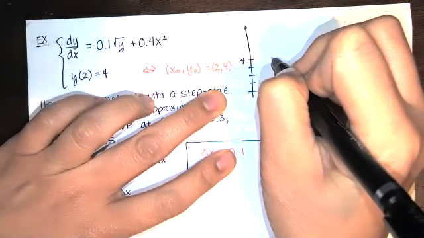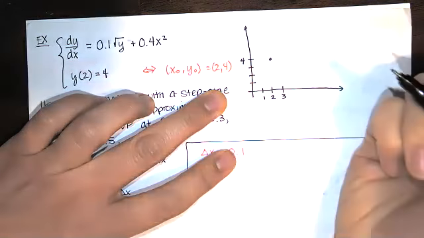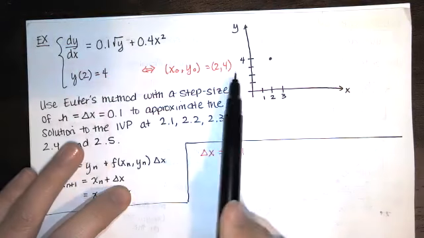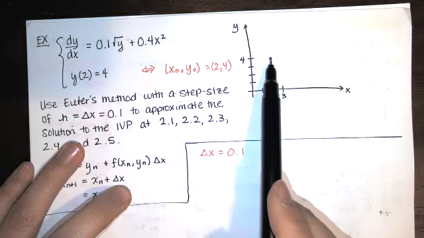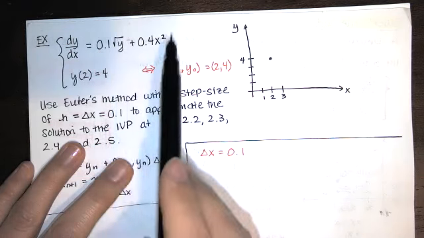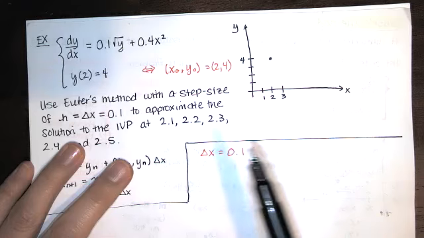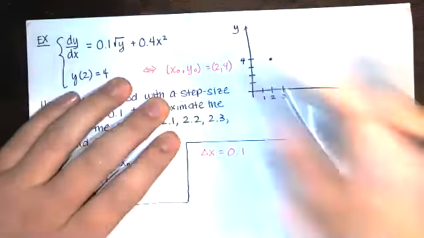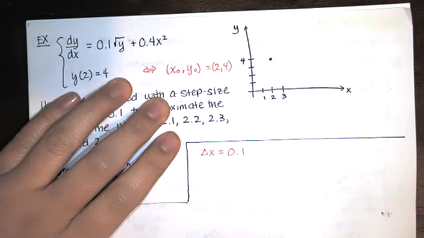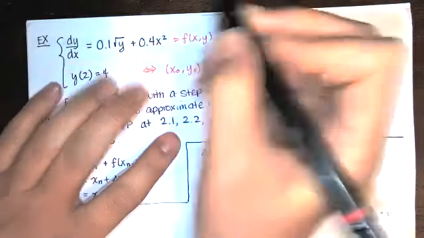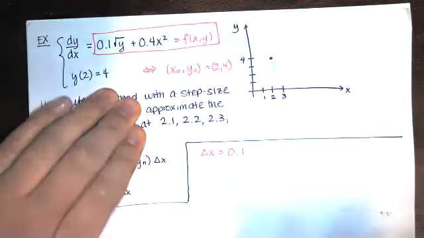I know that at that location, this right-hand side gives me the slope. So this is our f of xy. That's slope, because that's what the derivative is.